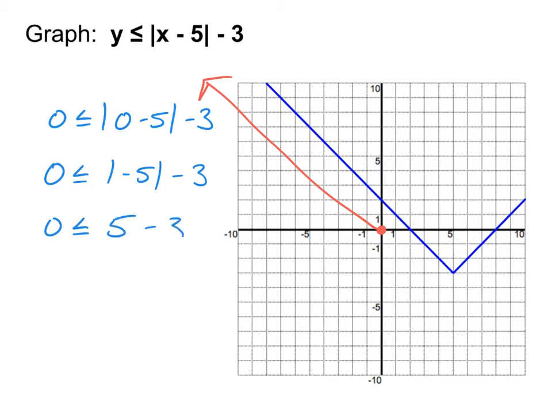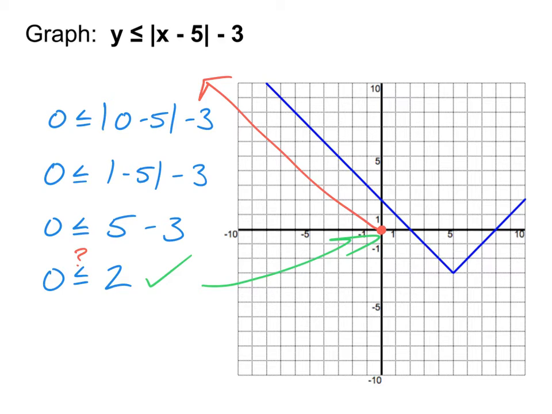So that'd be 5 minus 3. And 5 minus 3 is 2. So is 0 less than or equal to 2? Yes, it is. And therefore, that means that this point right here at 0, 0 should be shaded.